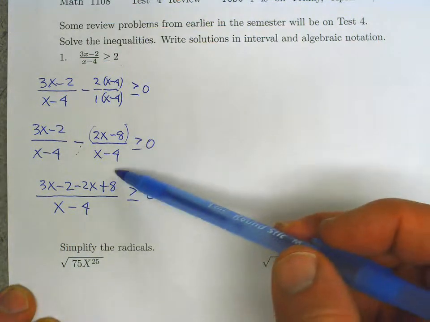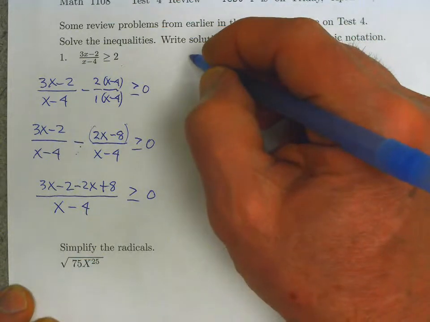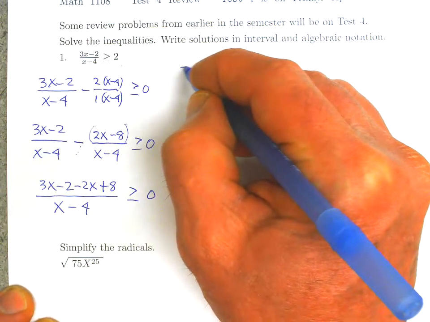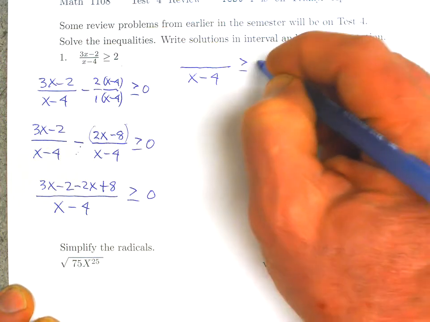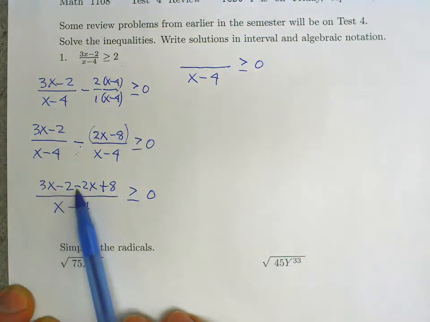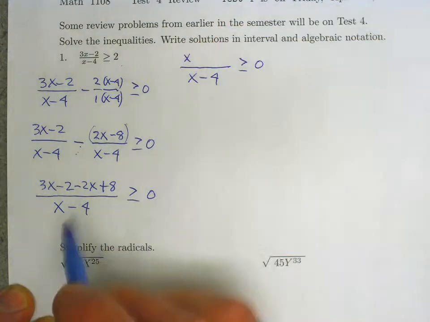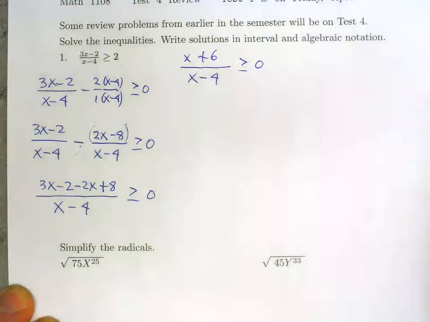So this might be a trouble spot if you're not careful. Okay, then we can write the rational expression in completely simplified form. 3x minus 2x is x, and minus 2 plus 8 is plus 6.